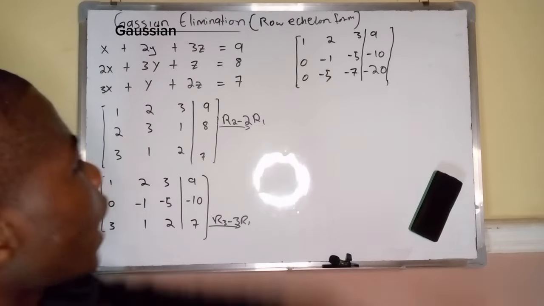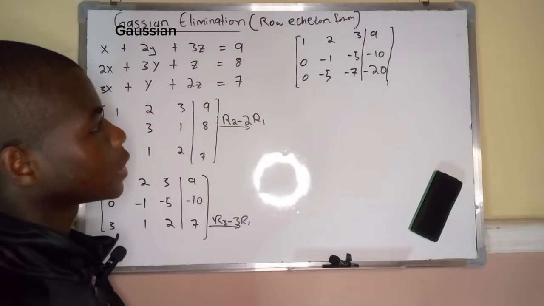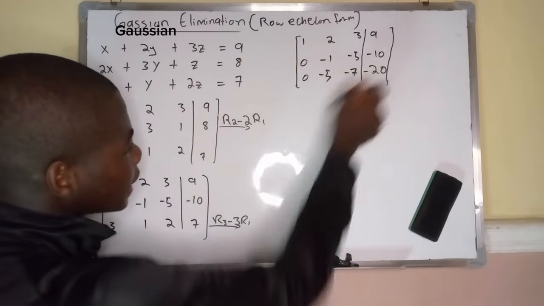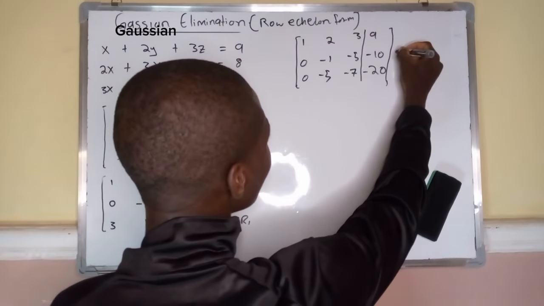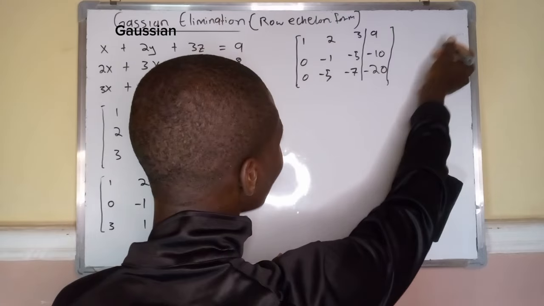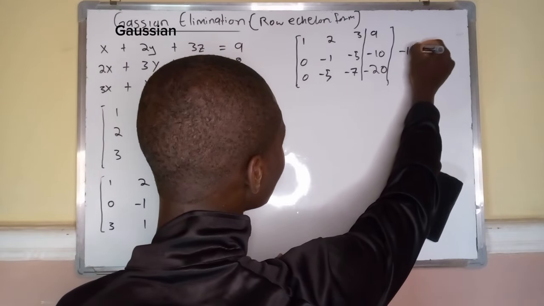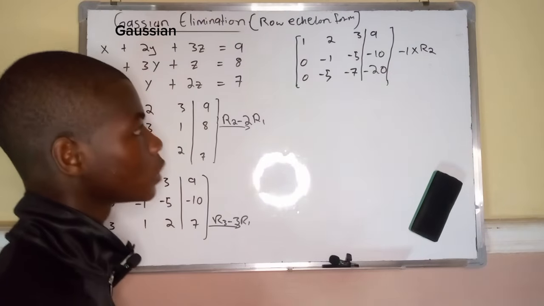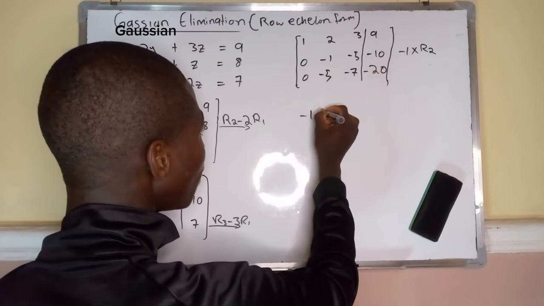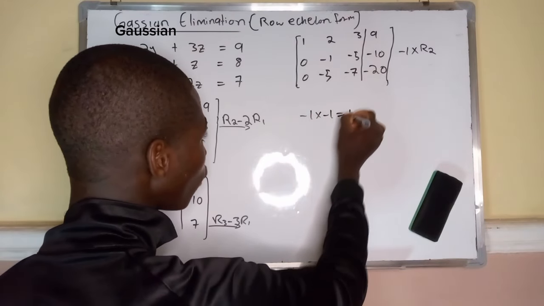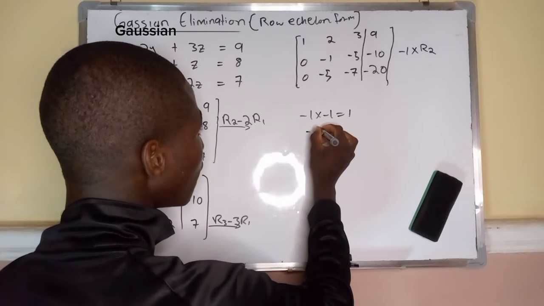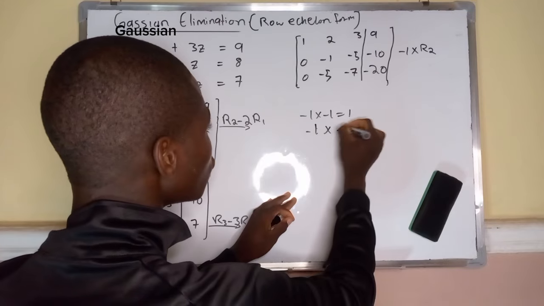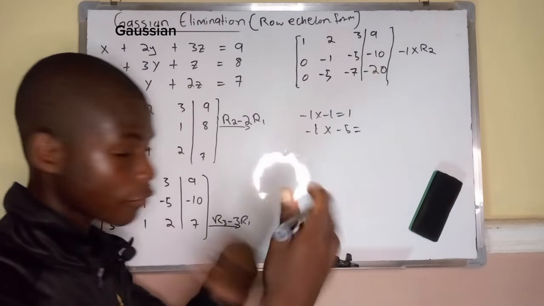So the next thing to do, we have to first look towards our second row. We have to eliminate this negative sign. Let me say minus 1 multiplied with row 2. If I say minus 1 multiplied by minus 1, I will have 1. Minus 1 multiplied by row 2, I will end up having positive, positive, positive.